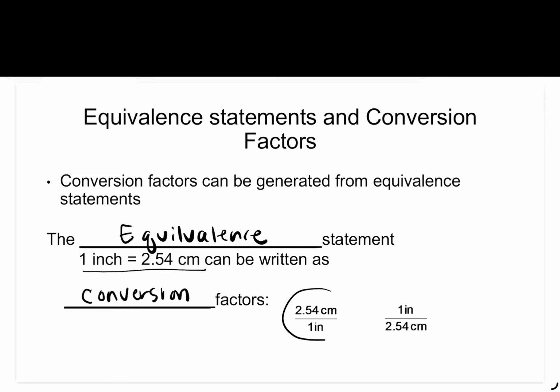So 2.54 centimeters over 1 inch this way, or 1 inch over 2.54 centimeters. And you might look at this and go, whoa, those aren't equal to each other. Well, mathematically, if I didn't have the inch and centimeter written on there, they aren't equal to each other. But as an equivalent statement, these are both equal to 1 because the quantities are equal to each other. This is another reason it's really important to keep units next to your numbers so we won't have any naked numbers in our conversion factors.